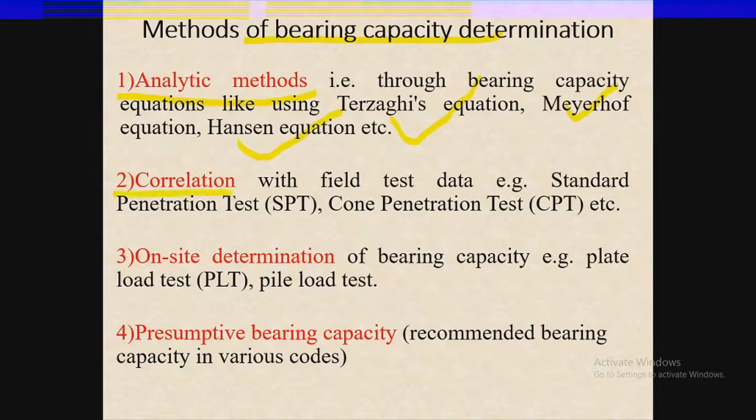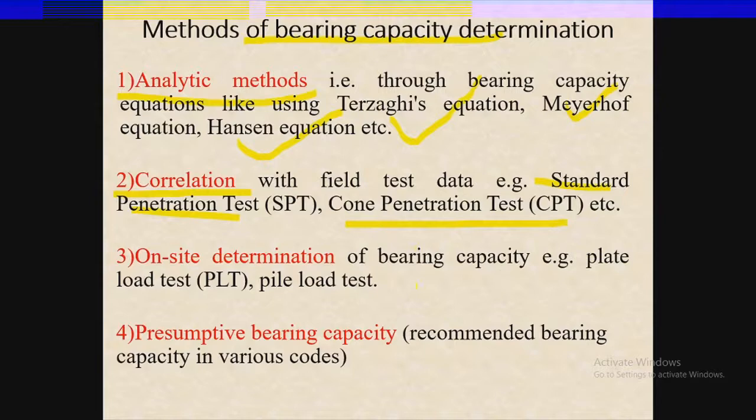Then you can find the bearing capacity of the soil via different correlations like the standard penetration test and cone penetration test. The results of those tests will be utilized via different correlations in order to get the value of the bearing capacity of soil.